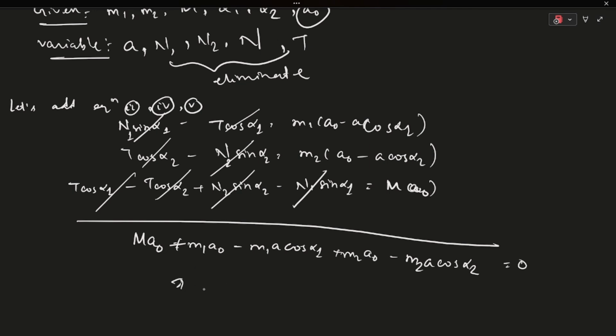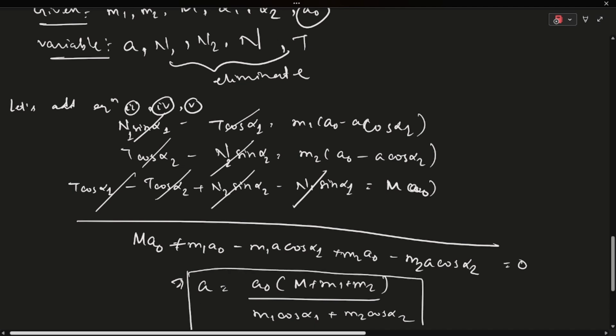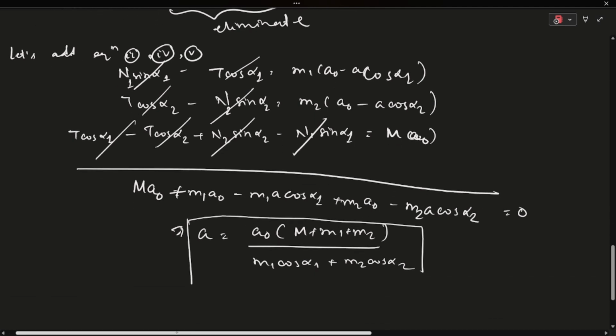If we solve, a becomes a naught into (M plus m1 plus m2) divided by (m1 cos alpha 1 plus m2 cos alpha 2). This is the answer. Call this equation 7.